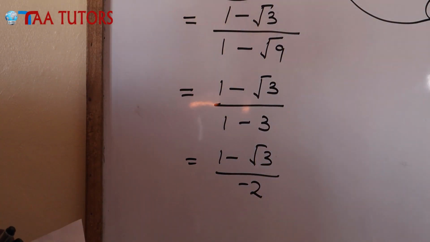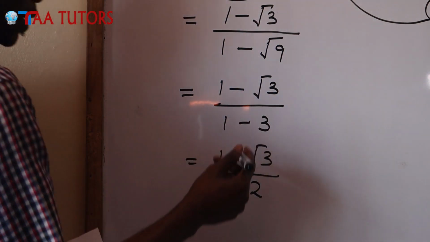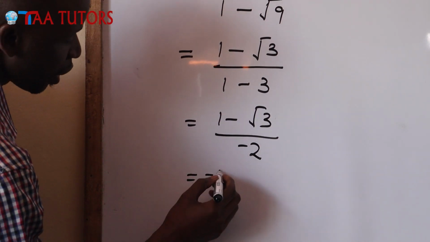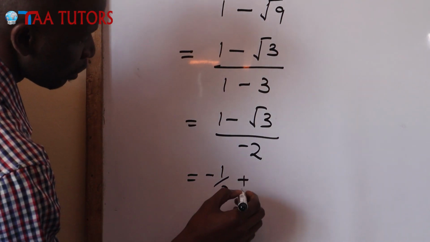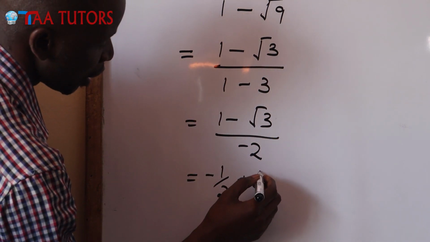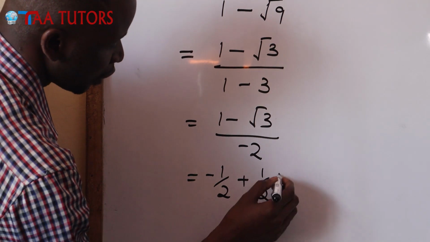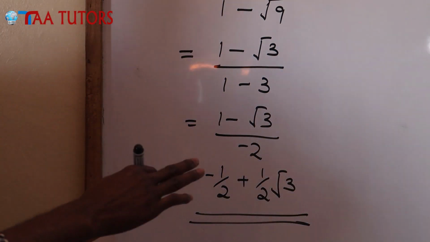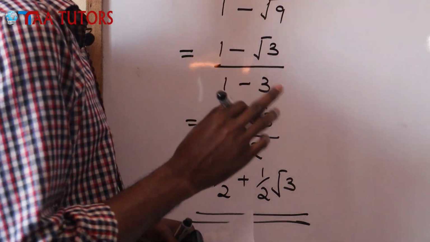Now over negative 2 we can simplify further by saying 1 divided by negative 2 is negative a half, plus, because negative surd 3 minus this will be plus a half surd 3, if we simplify up to that level in the form a plus b surd c.